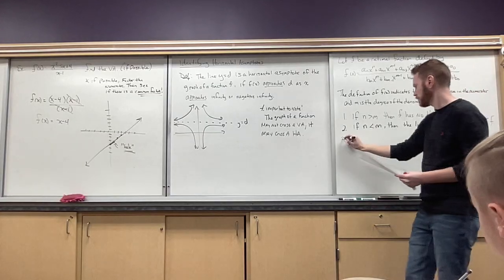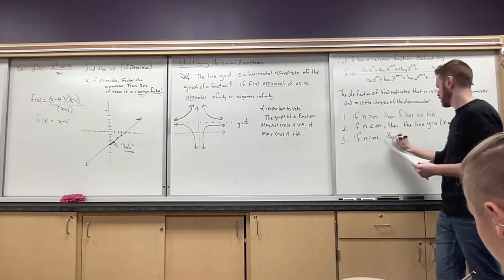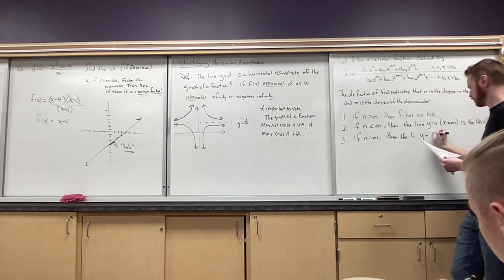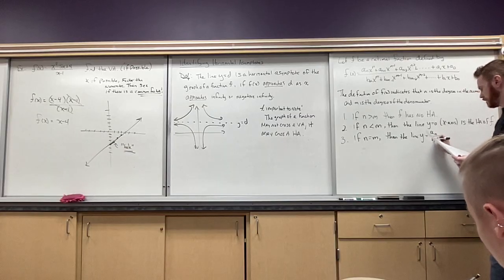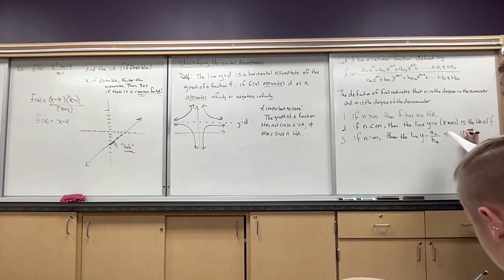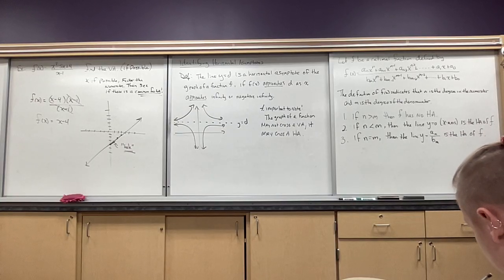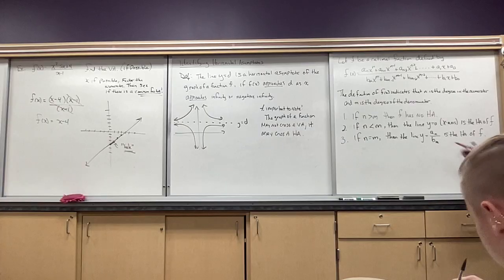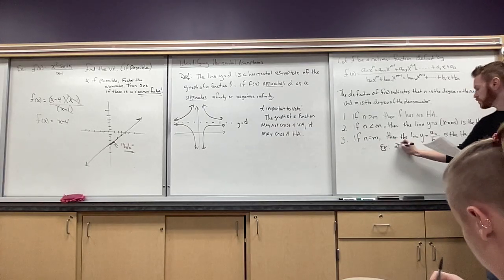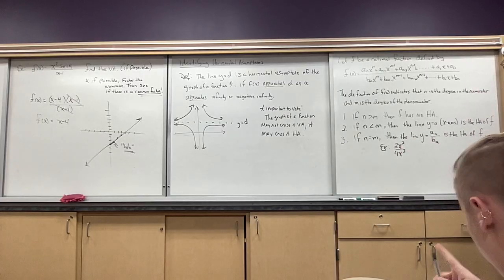And the last case, what if they're equal? So if the degrees are equal, then the line y equals a sub n over b sub m is the horizontal asymptote of f. Now, let me put a small example underneath here so you can see it. Let's say you had 2x squared on top and a 4x squared on the bottom.